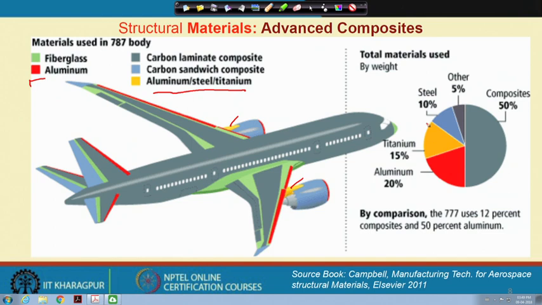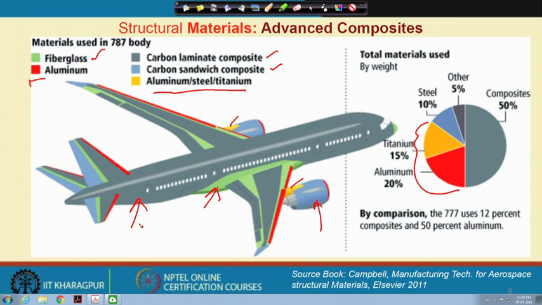So, this is the area where these alloys are used, whereas the rest of the structures are made with carbon sandwich composite or carbon laminate composites, and also with some fiberglass. Here these are the components where fiberglass is often used, and here some sandwich composites are used, and these are the laminated composites, even though the outer case is made out of aluminum alloys.